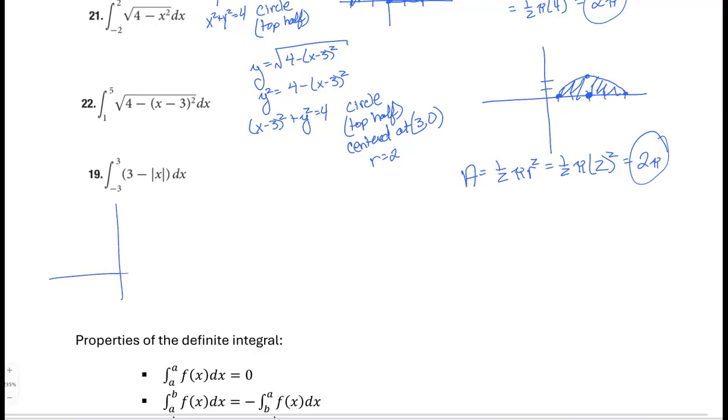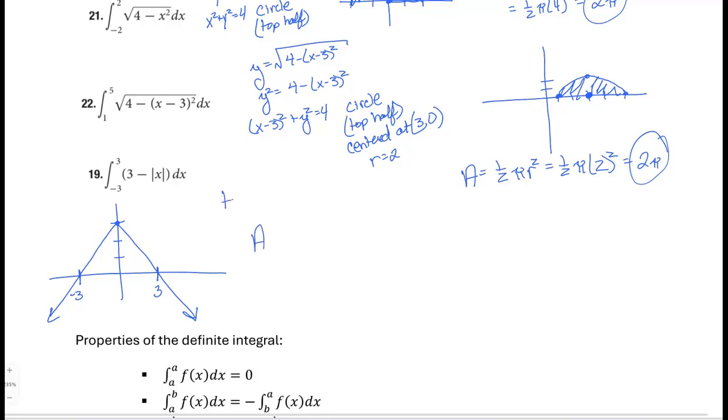So if I were to graph this guy, normally it would look like this, but now we're going to flip it over and then shift it up 3. So it looks like that. So this is crossing at 3 and -3.